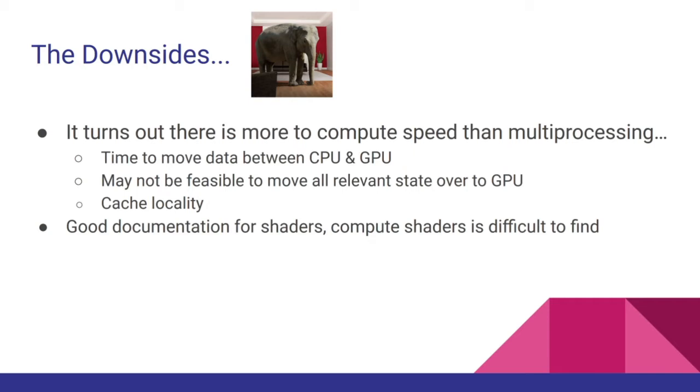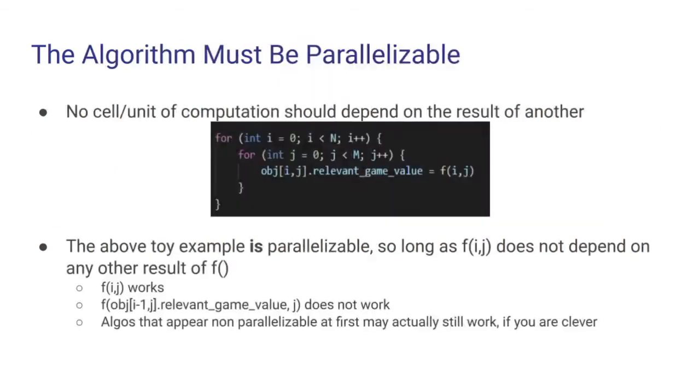For example, when I was trying to understand what thread groups are, they only have this Windows API developer Microsoft doc that talks about what thread groups are, because ultimately the compute shader in Unity is just an abstraction over DirectX 11 or whatever the lower-level GPU API is. All right, so going into more detail about the downsides.